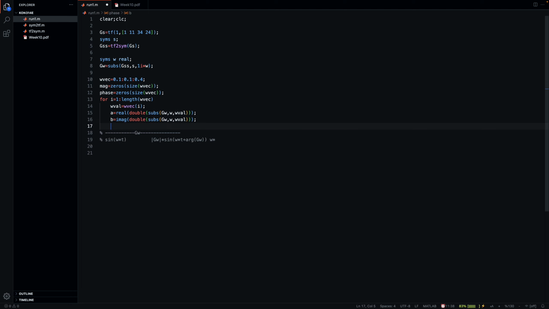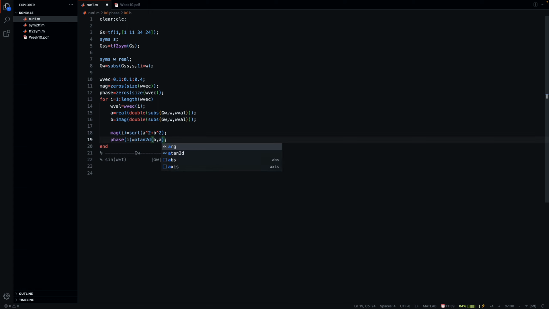So that's what I'm trying to accomplish here. So we know that the ith magnitude will be the square root of a squared plus b squared. So that's nothing new. But then again, we will have the phase angle. Now this should be in degrees, because it makes stuff easier. So atan2d of b comma a should do the job.